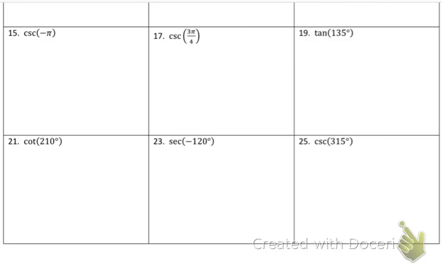Cosecant goes with sine, so I'm looking for the sine of -pi. Well, -pi would just be going pi in the negative direction, so it brings me over here to 180 degrees, or just regular pi. My sine value here is 0.